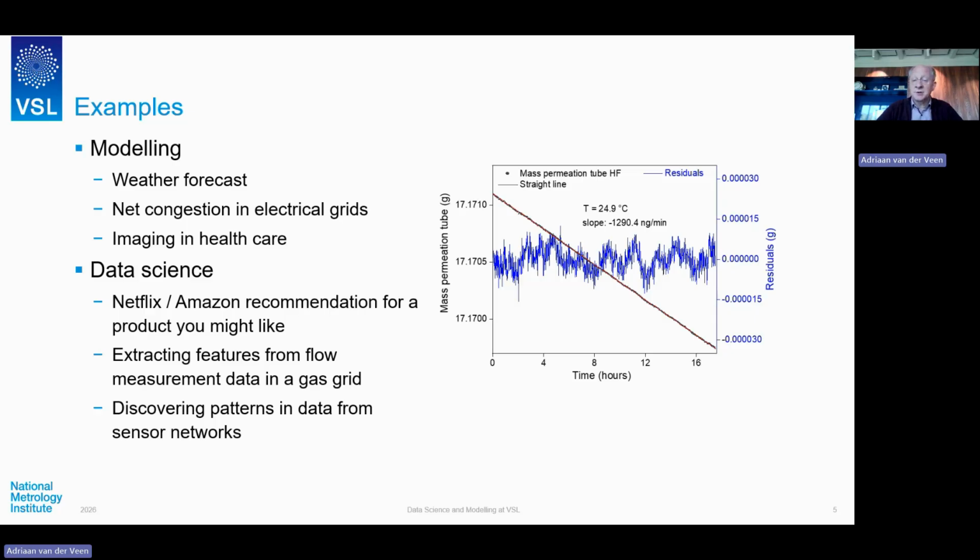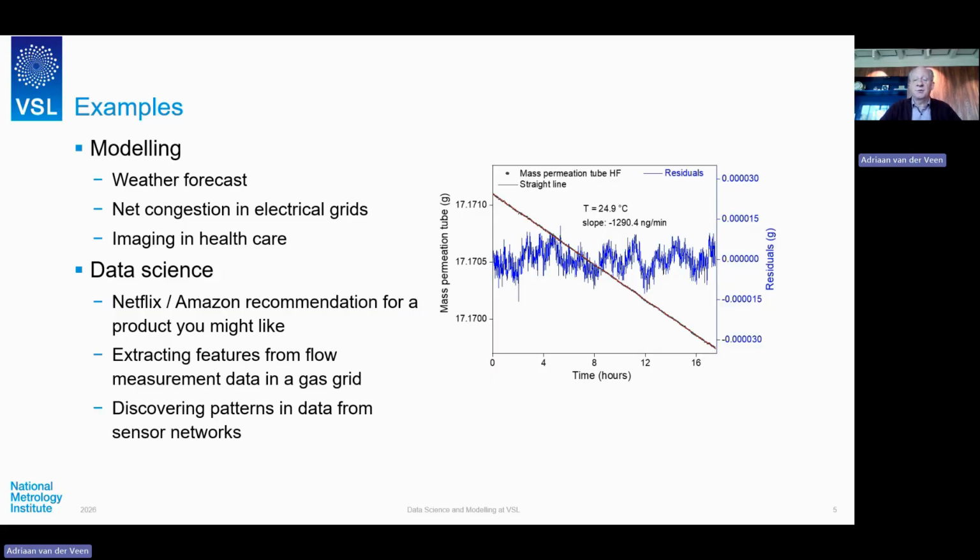On the right-hand side on this slide, you see a graph from a primary standard from chemistry. Here you see the permeation or the mass loss of a permeation tube. And if you look at the blue residuals in the center of the graph, you clearly see that those are not randomly distributed, but there are patterns in that.